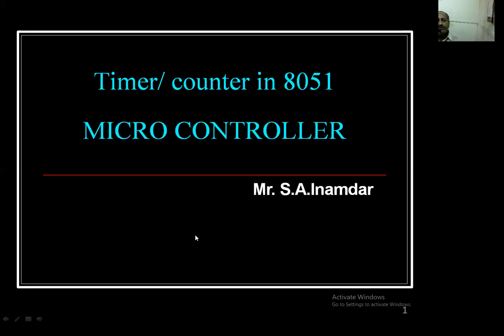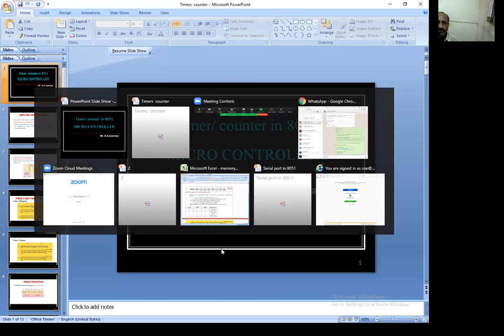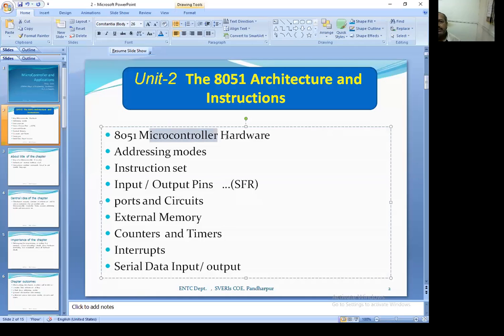Okay. So this is what we have seen in the last session. We have started unit number 2, and maximum of the syllabus we have gone through. That is the hardware, addressing mode, instruction set, input output pins, that is SFR, ports and circuit.